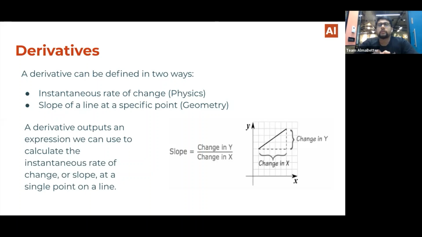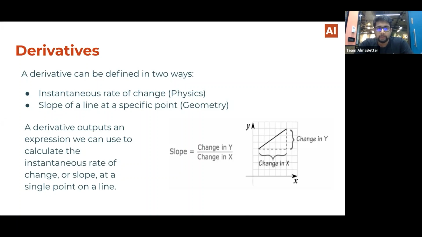Then delta x by delta t is kind of your average speed for that particular instant. So keep in mind this quantity delta x by delta t, and now if delta t somehow tends to zero, what will this quantity lead to? This is where the concept of calculus and derivatives come in.